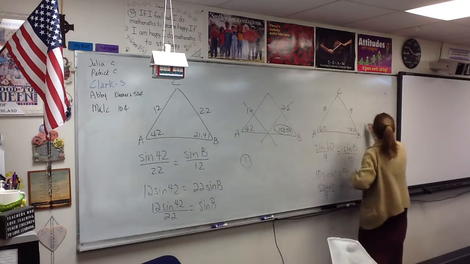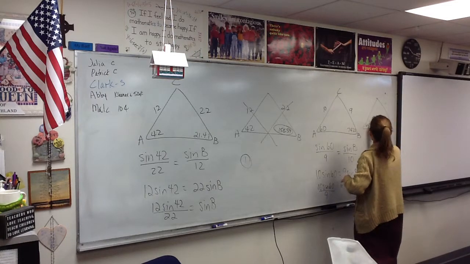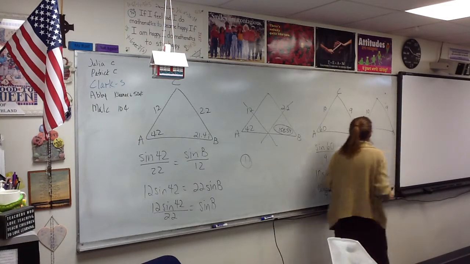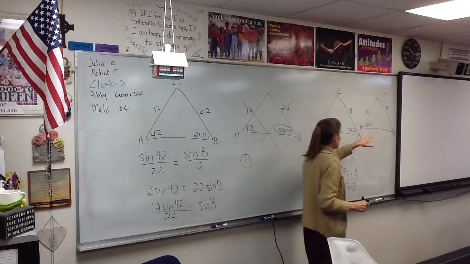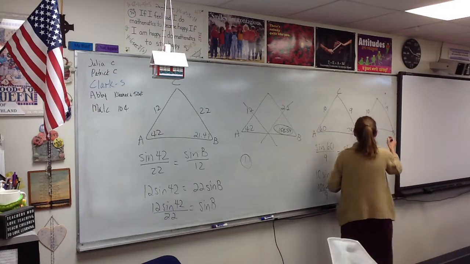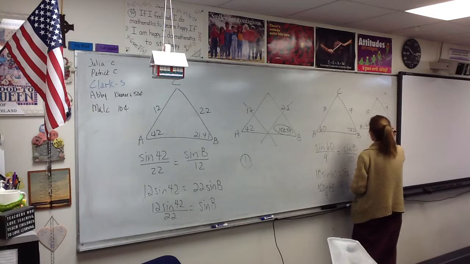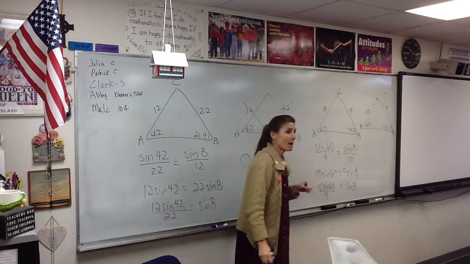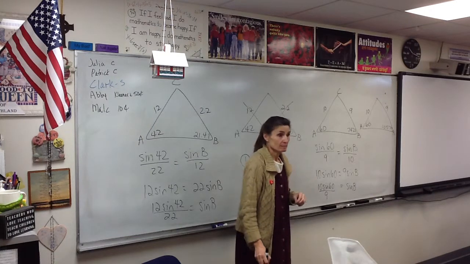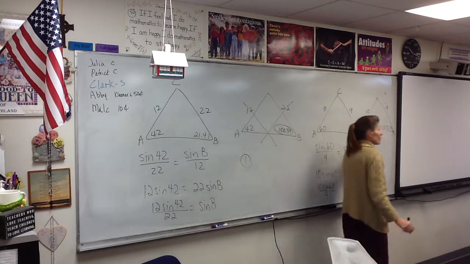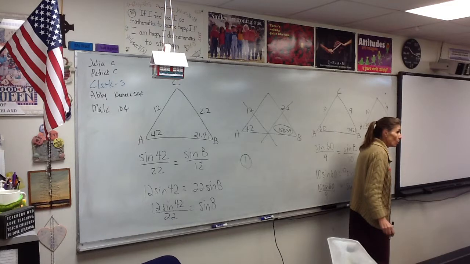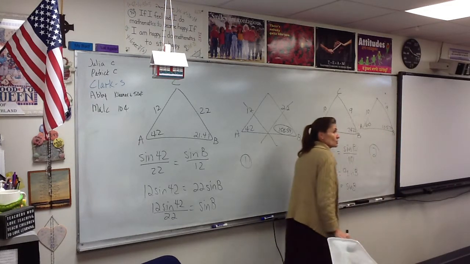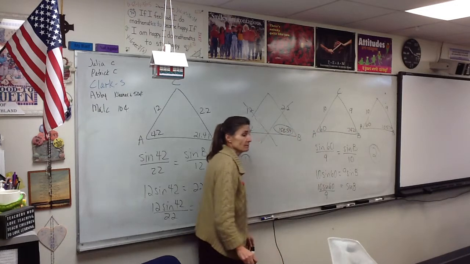I redraw my picture and I say, okay, would it be possible for this angle to be 105.79? Yes, because these two make less than 180. So this problem has 2 triangles.